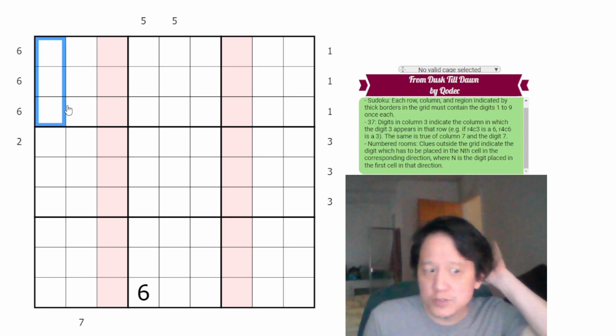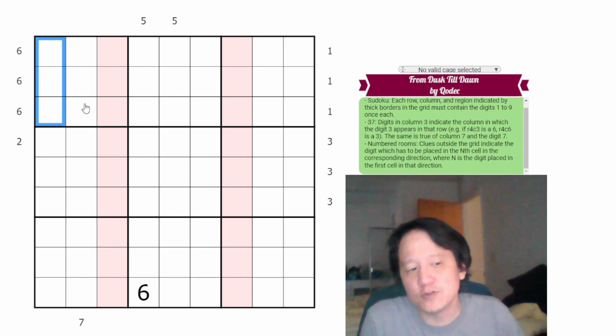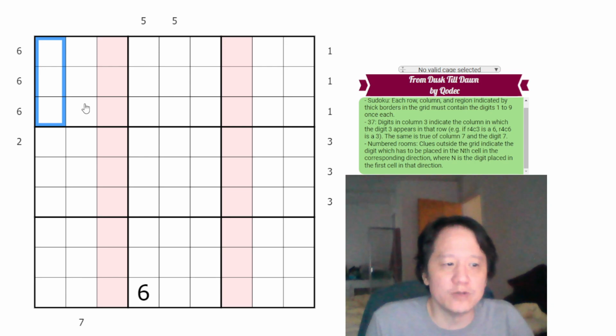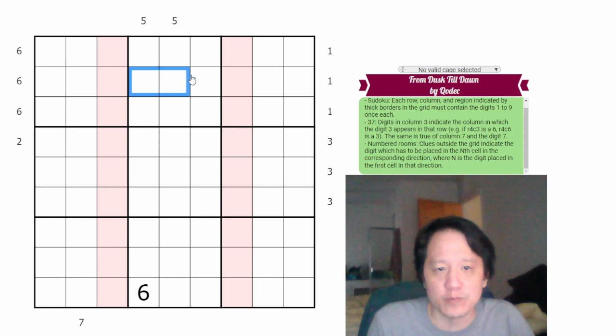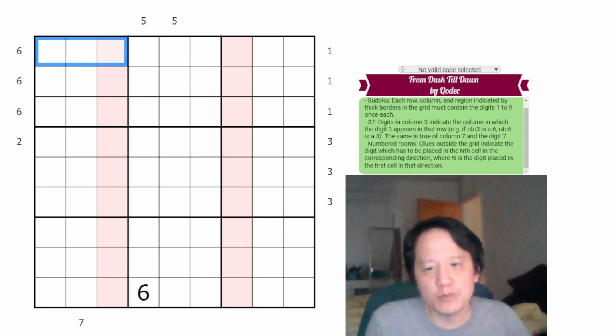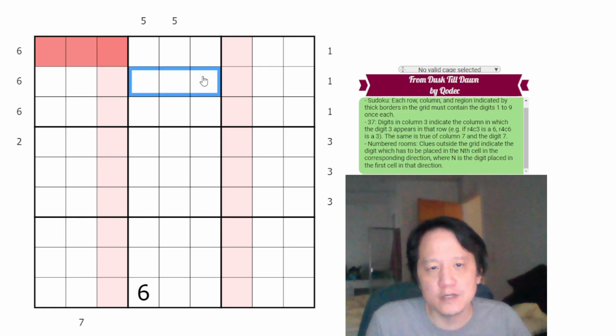So these 3 digits have to be, one of them has to be 1 through 3, one of them has to be 4 through 6, and one of them has to be 7 through 9, because they each have to be in a different box, right? So it could be, for example, these 3, then those 3, then those 3, right?